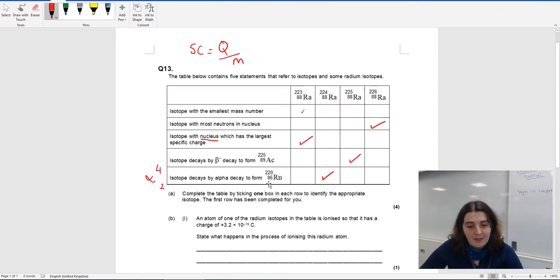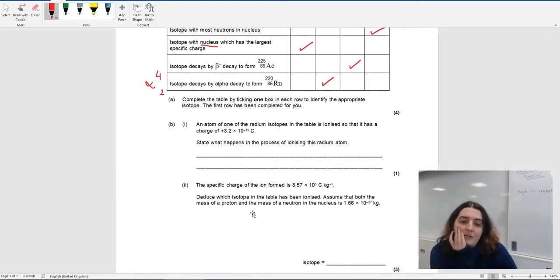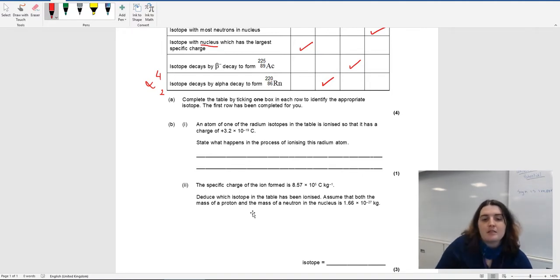Here we've got question B. An atom of one of the radioisotopes is ionized, so that is a charge of plus 3.2 times 10 to the minus 19 coulombs. State what happens in the process of ionizing this radium atom. This radium atom is being ionized.